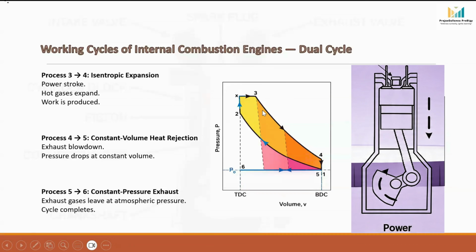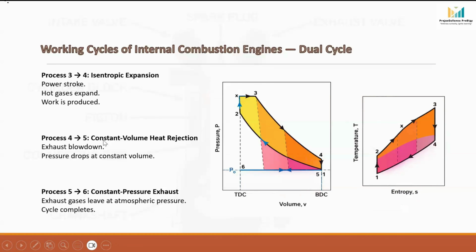As the hot gases expand, they push the piston downward and produce useful work. And this is called the power stroke of the engine. During this process, the volume increases while the pressure and temperature decrease. Here no heat is added or removed in the ideal cycle. So this process is called isentropic expansion.